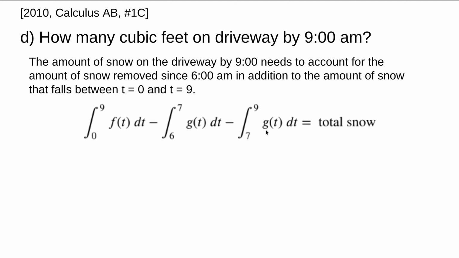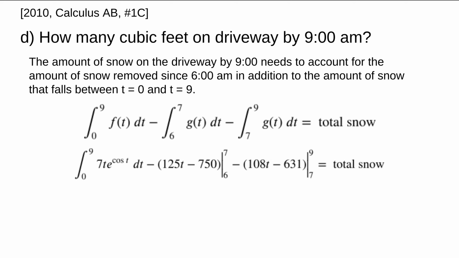Then we have to subtract the snow that was removed by Janet, which is now at a different rate, between 7 and 9. And whatever the value of this expression is, that's how much total snow is on the driveway at 9 a.m. It's the absolute total snow that fell minus the amount that Janet removed, and Janet removed snow at two different rates depending on what time we're talking about.